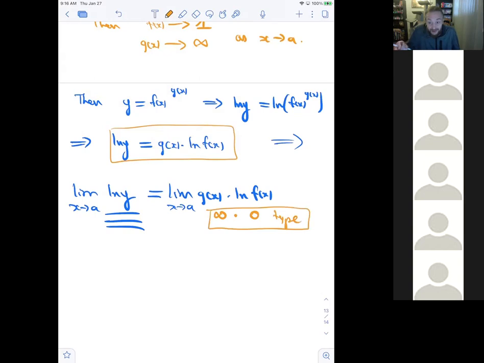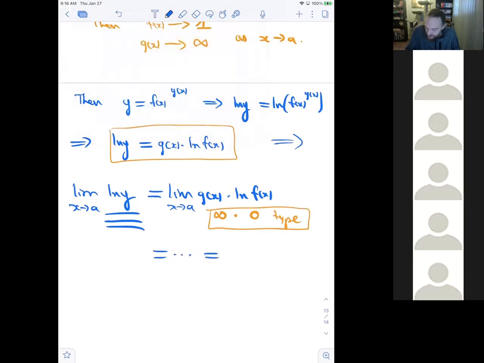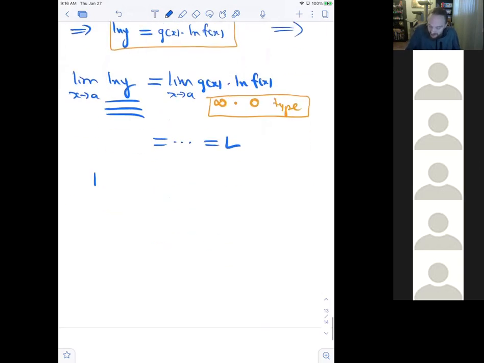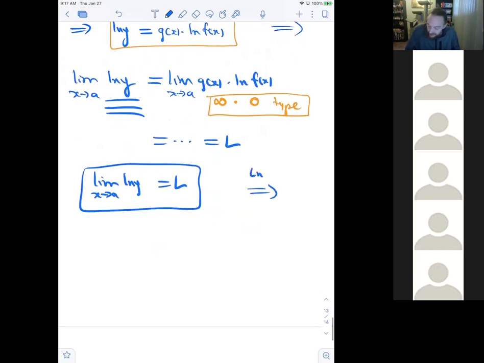So the idea is once I do that, then I compute the limit. If this equals L eventually, then we get the limit as x approaches a of log y equals L. And that says that we can interchange log as continuous.